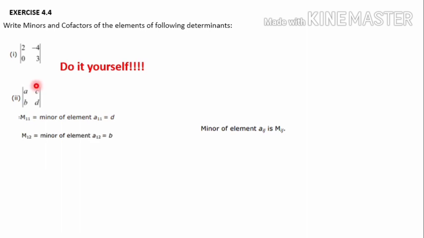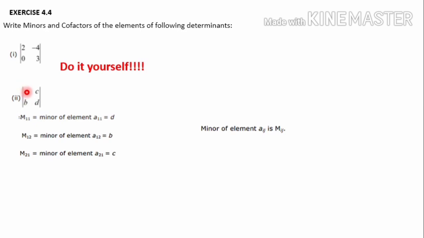Next, M12, that means first row second element, M12 is equal to the minor of element A12. A12 is C, that row and that column are eliminated and the balance element, that is B, is the minor M12. Next we take the third element, that is M21, the minor of element A21. A21 is here B, second row first element.